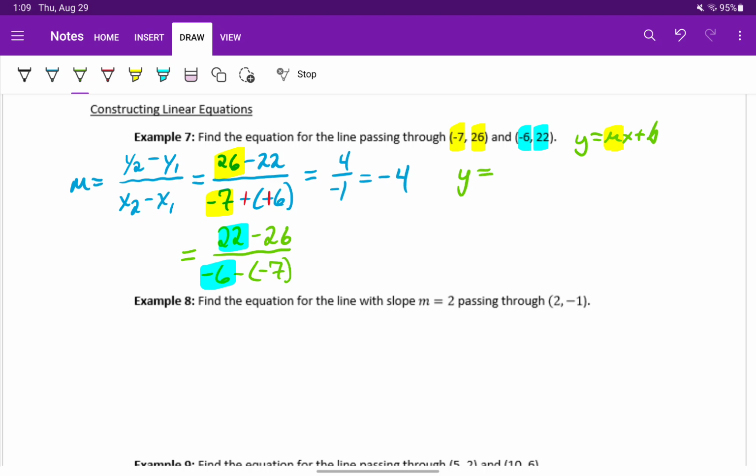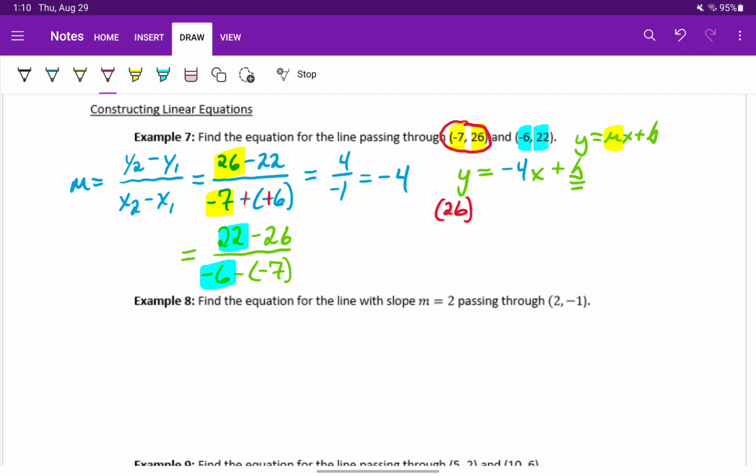At this point, I like to just go ahead and rewrite the information that I know. I found that the slope is negative 4, and the information that I still need to find is my value for b, that y-intercept. To do that, we take some information that we already know for x and y and plug that into the expression. I'm going to take the pair negative 7, comma 26 and plug in those values.